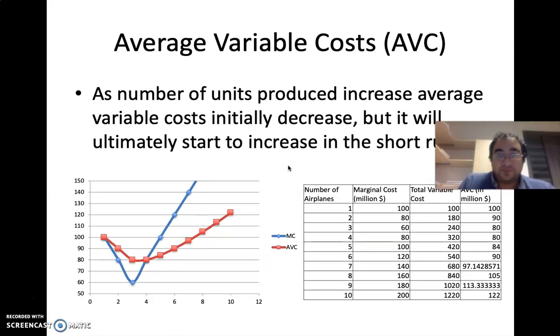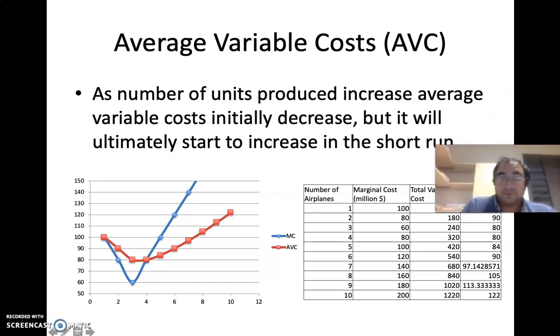So, because of the behavior of the marginal cost, the average variable cost inevitably first moves down and then it moves up. And always, this is the shape of the average variable cost.